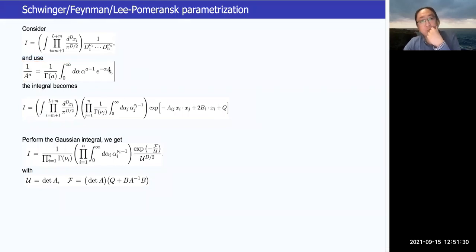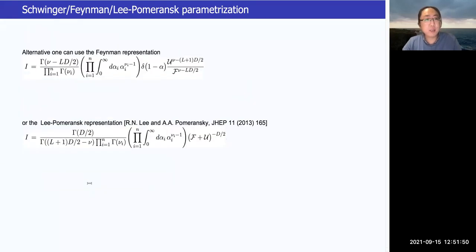You use this formula and you bring it back to Gaussian representations and perform the Gaussian integral. You get this representation called Schwinger representation of the Feynman integrals. And these u's and f's are just polynomials. I think we all learned this in our QFT courses.